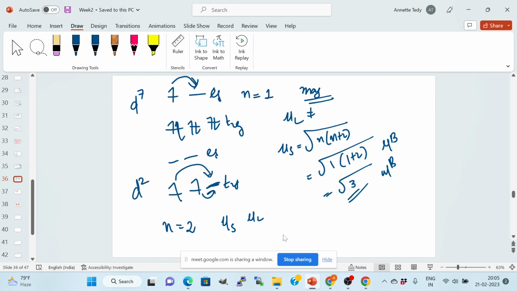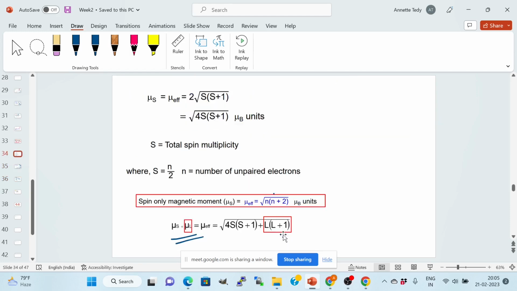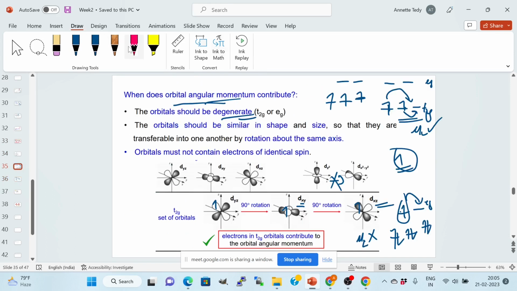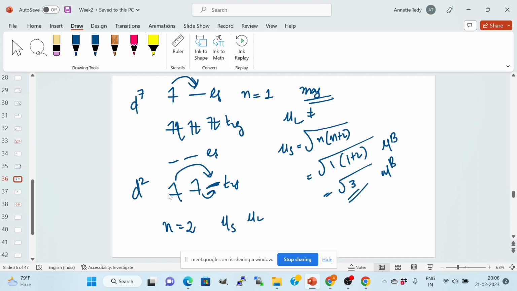Condition for degeneracy. Here what they are saying is, if I have an electron in the T2G and if I have an electron in EG, I can't compare this T2G and EG because T2G is having a lower energy and EG is having a higher energy. These are not degenerate, right?